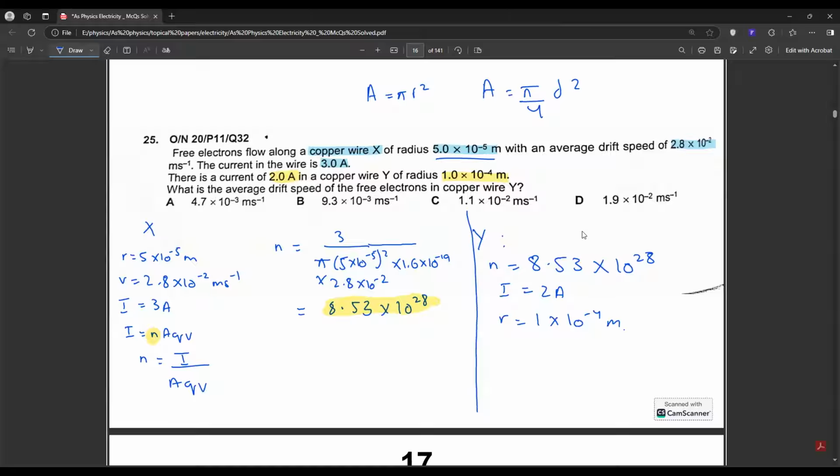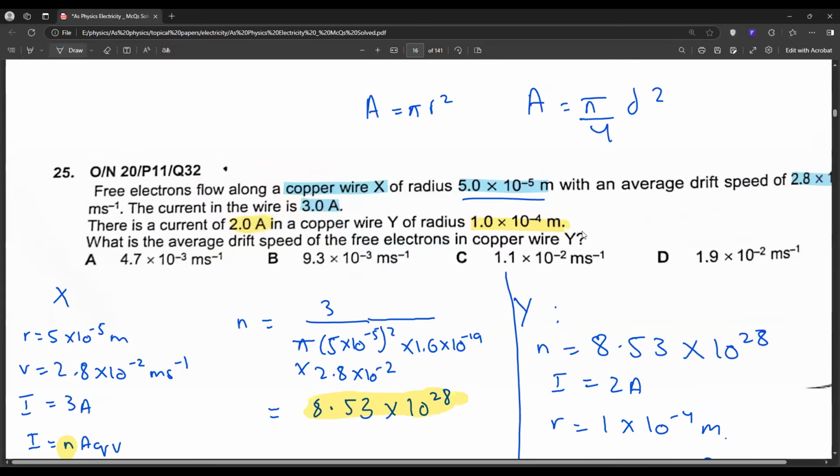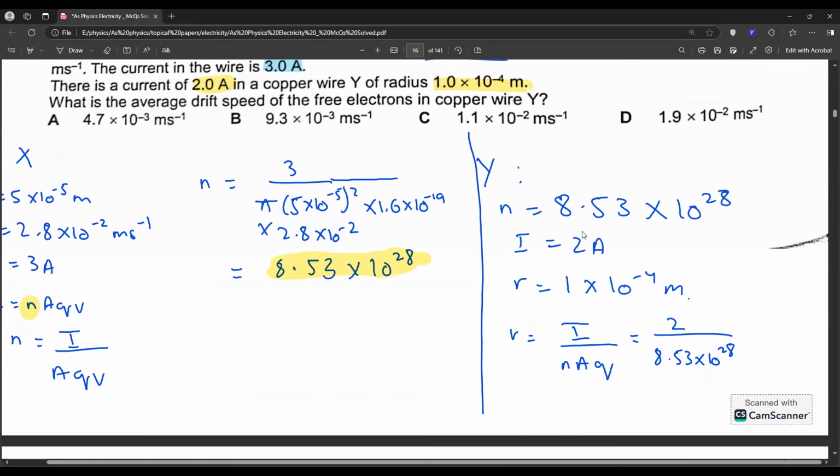Can you calculate the drift velocity here? Yes. Drift velocity is equal to current over nAq. What is your current? 2 divided by the number of free electrons, 8.53 into 10 raised to the power of 28. Now let's zoom in a bit. I think I am short on space here. Your area will come out to be what?